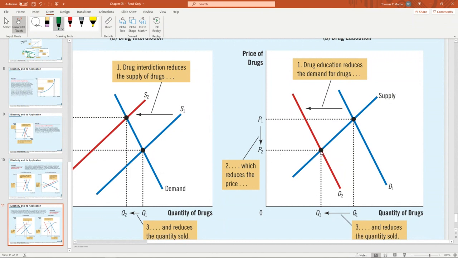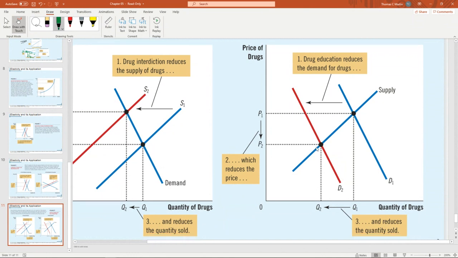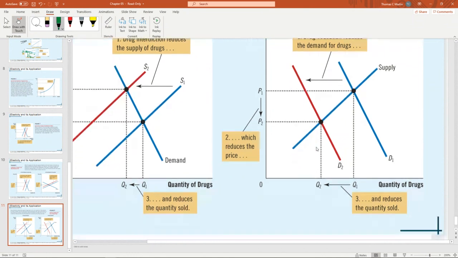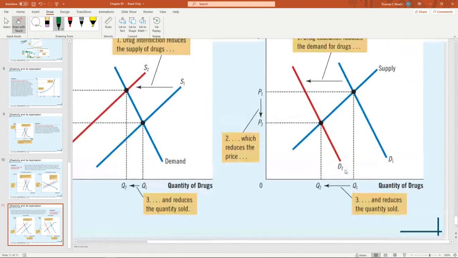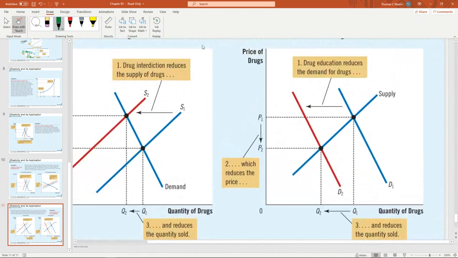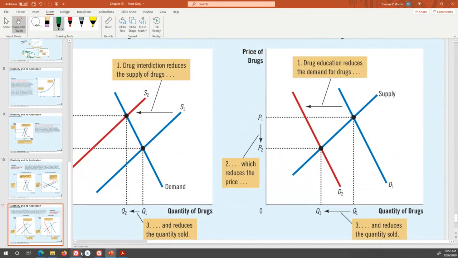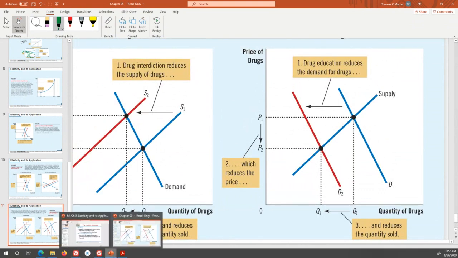Now, some people will re-enter the drug market, but hopefully, if it's properly delivered and with skills and everything else, this is what you want to see. Any questions on this? Any at all?